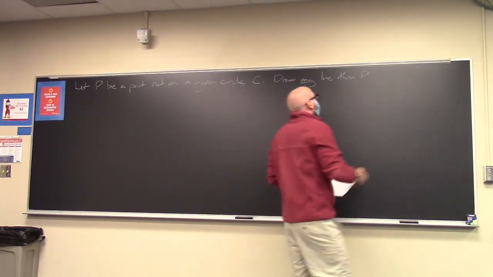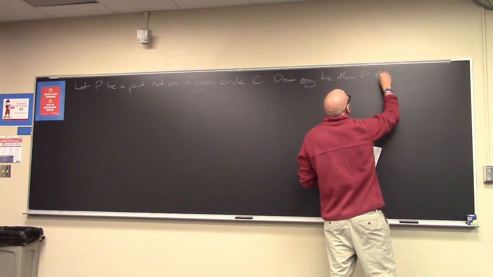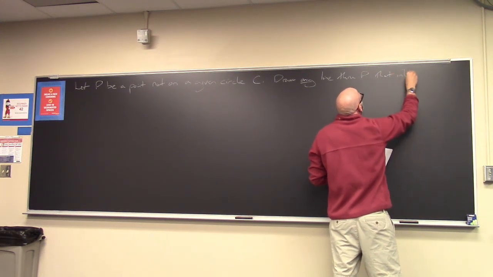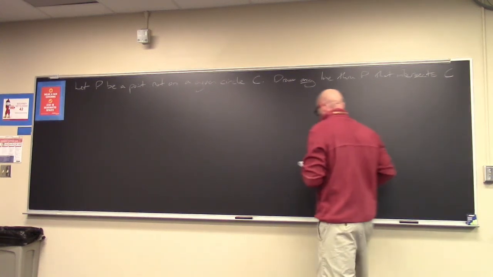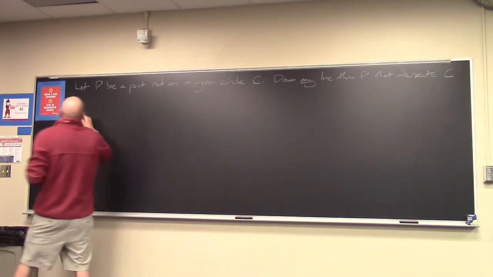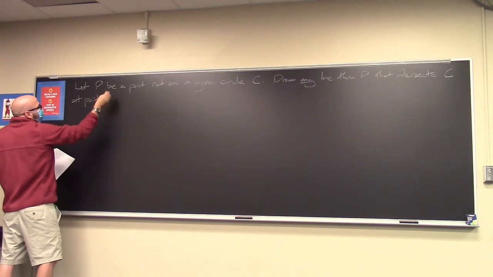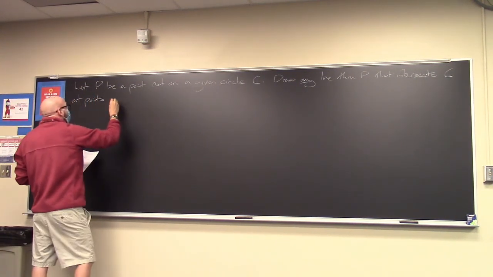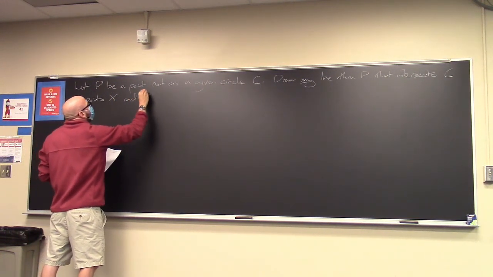And we'll look at the two points of intersection. So draw any line through P that intersects C at two points that we'll say are X and Y.